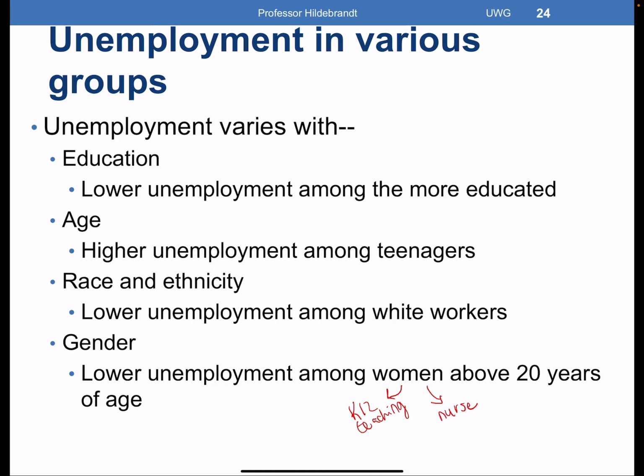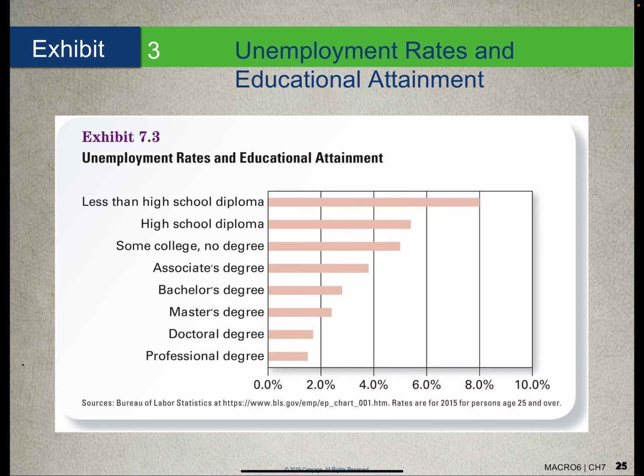And those two professions are more recession-proof, meaning even during a period of economic contraction, we still need teachers, we still need nurses, okay? Men tend to still be the dominant gender working in jobs related to construction, and construction jobs are really boom or bust. So during a recession, those are typically the first jobs that are cut. And so that's why I think we tend to see lower unemployment rates amongst women.